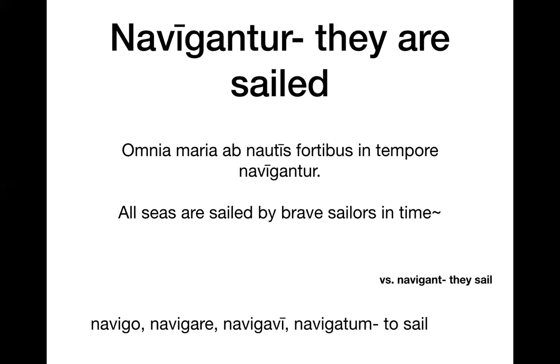So what case is nautīs? Bailey, what case is nautīs here? Good. What kind of ablative is it? Luke? It's an ablative of means, except sailors are people. Yes, it would be agent. So we're seeing ablative of agent. Ablative of means can show up anywhere, but ablative of agent is going to show up exclusively with passive verbs.